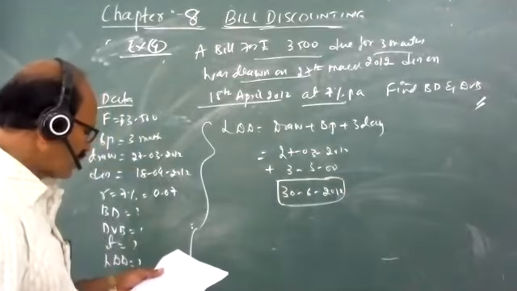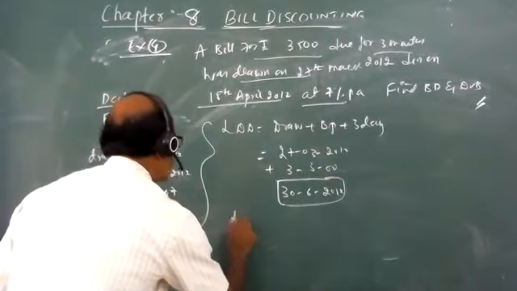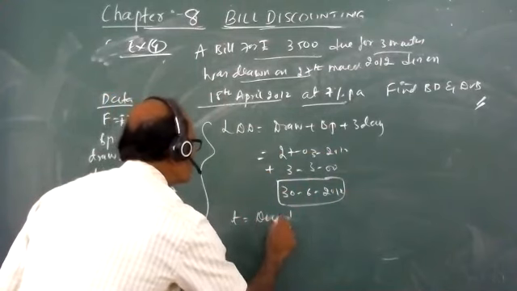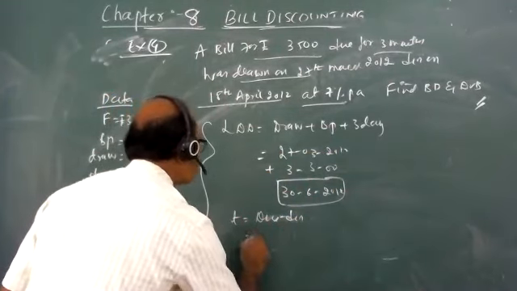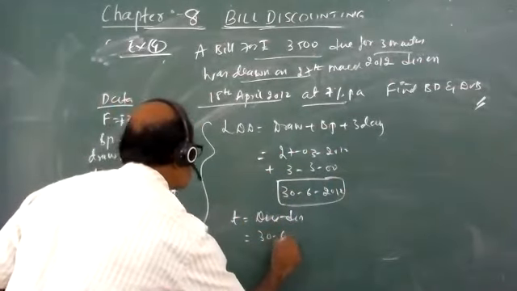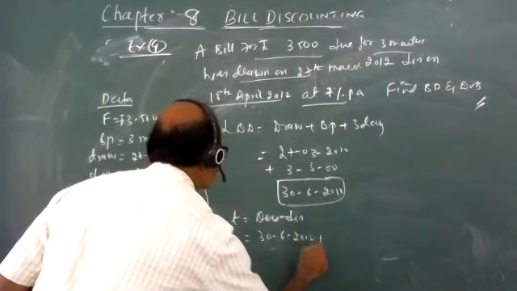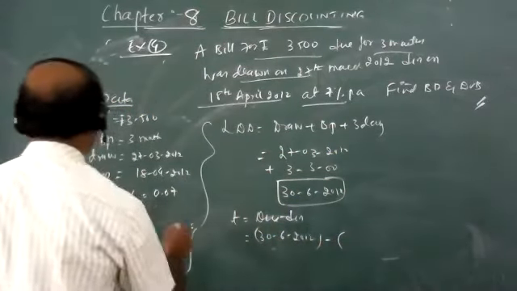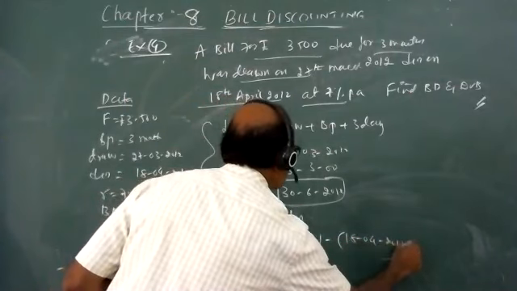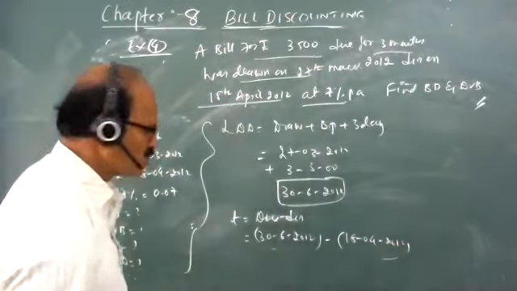Now again you want to calculate T. So T is equal to due date minus discount date. Due is already given: 30/6/2012 minus discount date. Discount date is 18/4/2012.